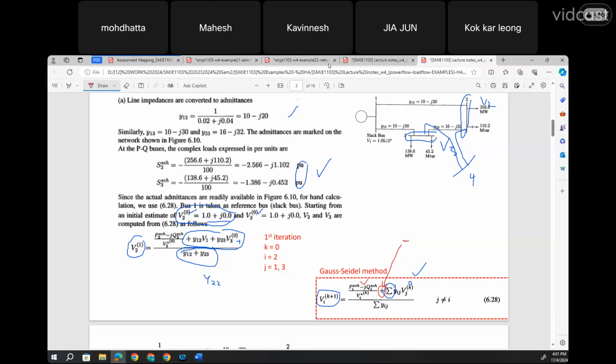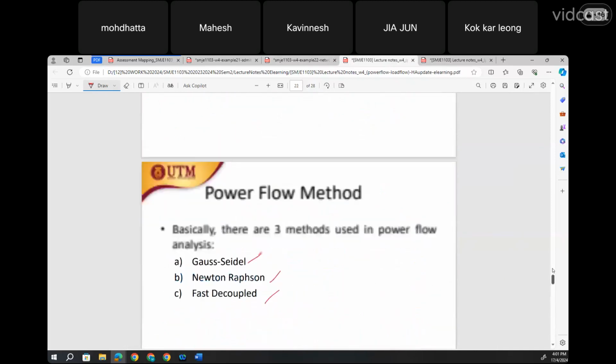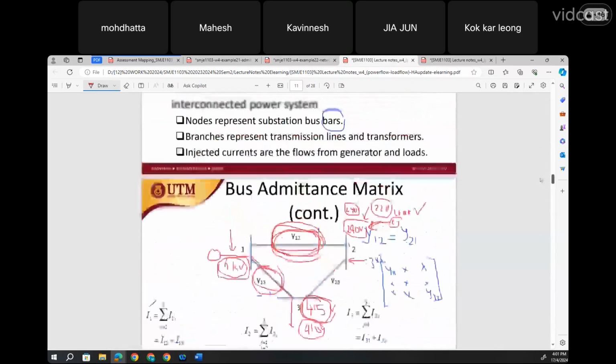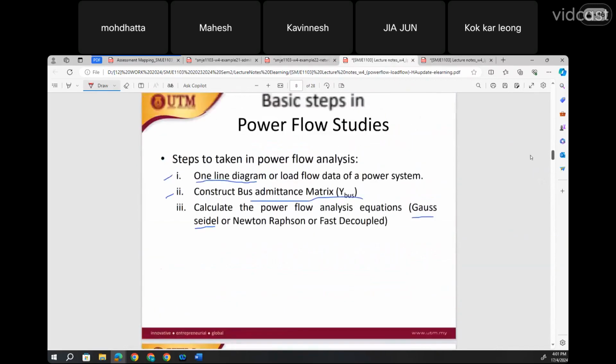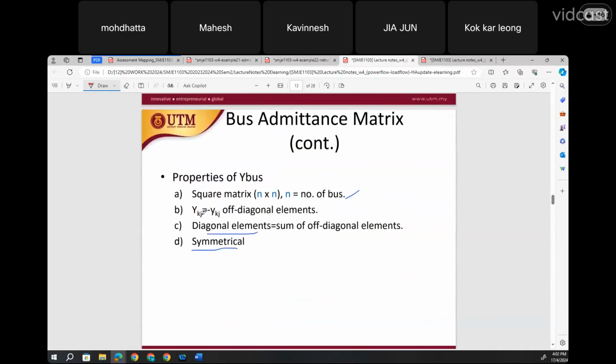Remember the admittance. Remember over here, it says that big Y equals negative small y.